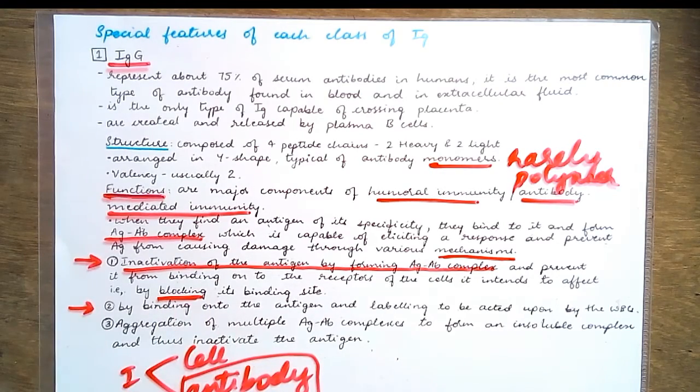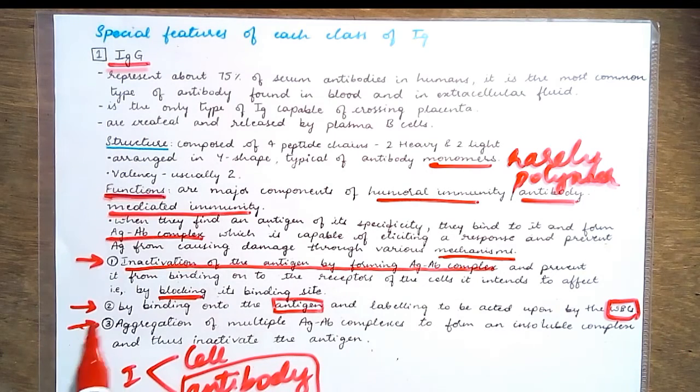Second is by binding onto the antigen and labeling it to be acted upon by the WBCs, that is, the white blood cells. Then the third mechanism is aggregation of multiple antigen antibody complexes to form an insoluble complex and thus inactivate the antigen.